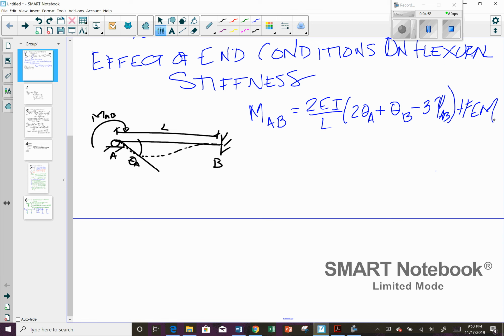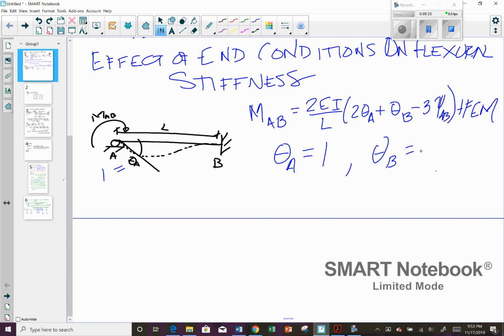Right now all we're doing is figuring out what the stiffness is right here. So in this case, our fixed end moment is going to be equal to 0. We know that we're going to apply a unit rotation at theta A, so this theta A is just going to be a unit rotation. And then we're figuring out what the moment at that location is when we just apply a unit rotation.